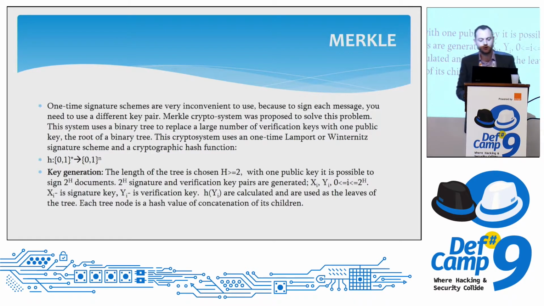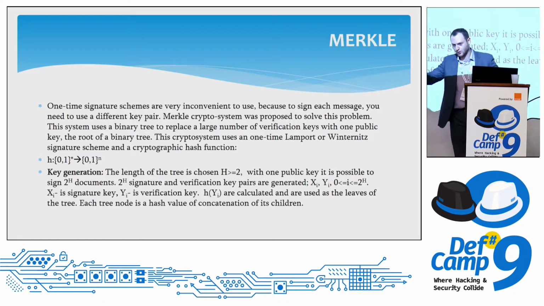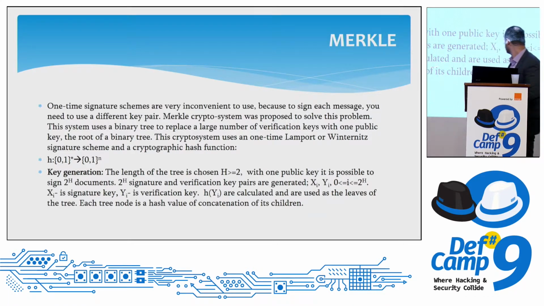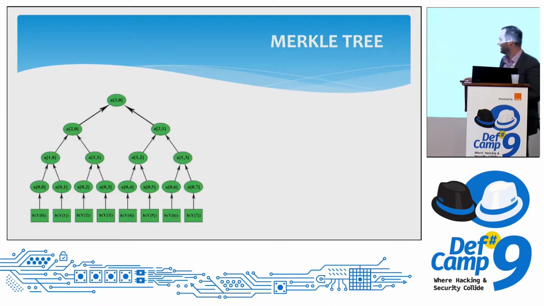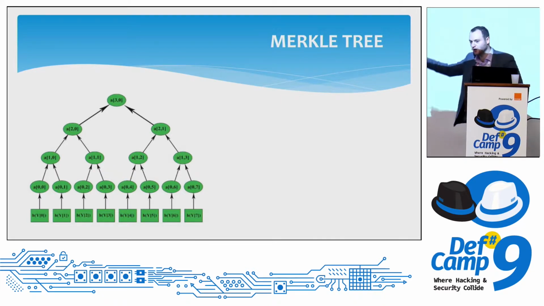Afterwards, we generate the signature keys, 2 to the h of them, and calculate the verification keys using our one-way function. We generate these x's, afterwards we get the y's. The y's are our signature verification keys, and we hash them. These hash values are the leaves of our tree.